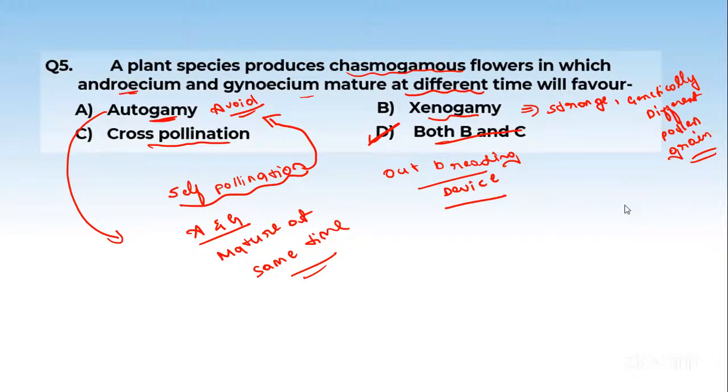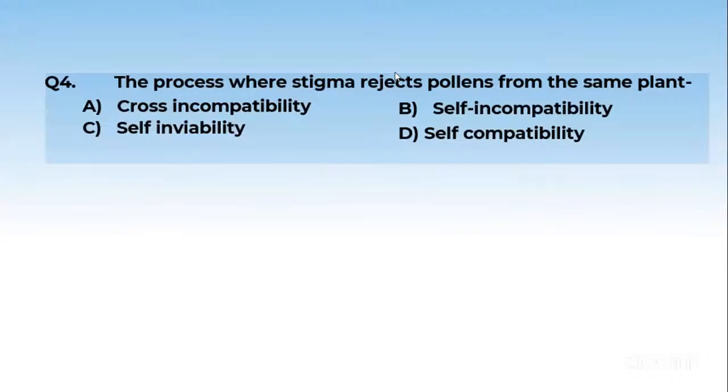The question is: the process where the stigma rejects the pollen. Remember, rejecting the pollen from the same plant is called as: option A, cross incompatibility.